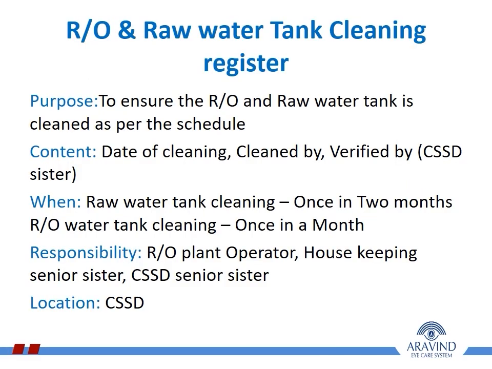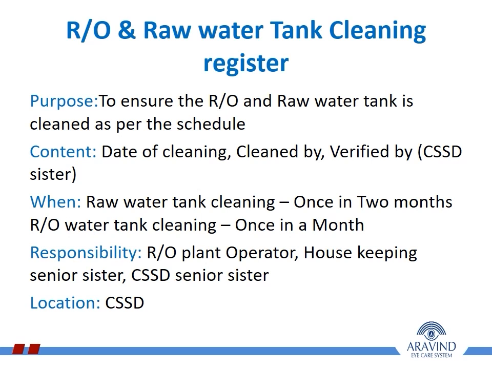Next is the RO raw water tank cleaning register. The purpose is to ensure the RO and raw water tank is cleaned as per the schedule. It contains date of cleaning, cleaned by person's signature, verified by the CSSD staff. The entry is made whenever raw water tank cleaning and RO water tank cleaning is done.